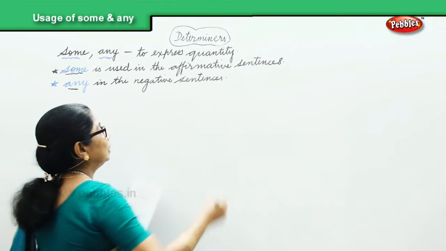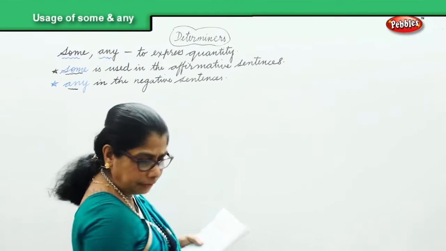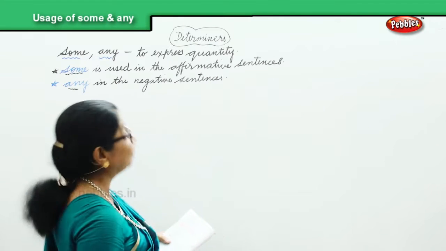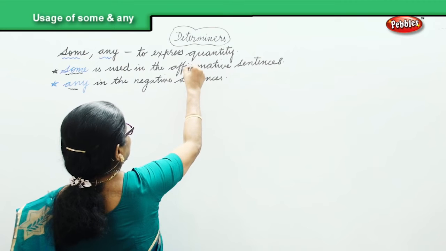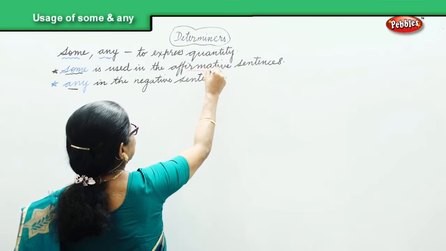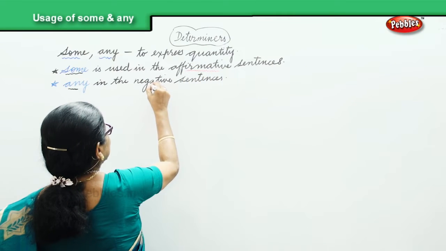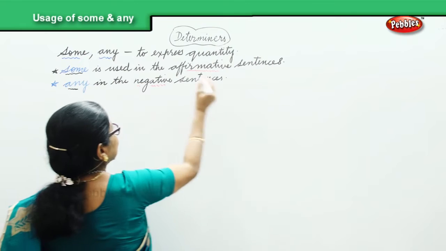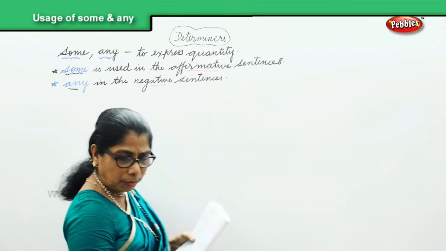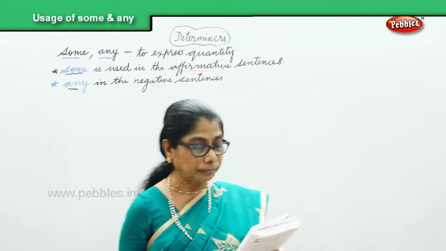So we're going to look at one in the affirmative, one in the negative sentence. Here affirmative, here negative sentences. Okay? Now let's look at the sentences.